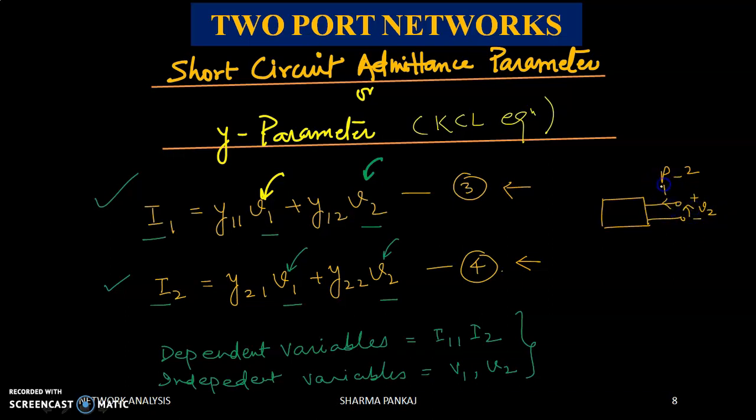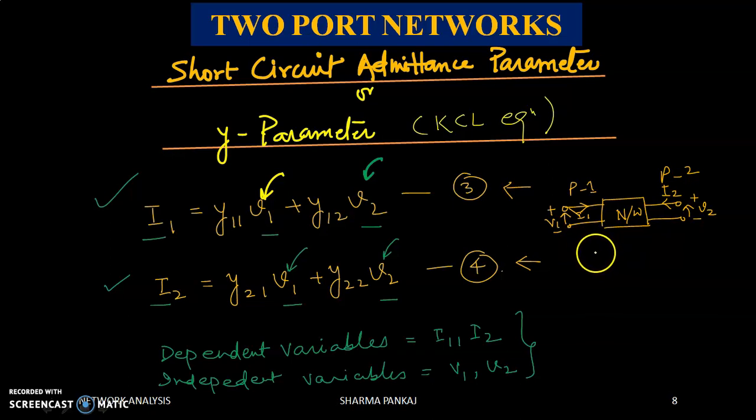This is I2, inflow towards this network. This is port 1, and this is your V1 defined here, and this is inflow of current I1.